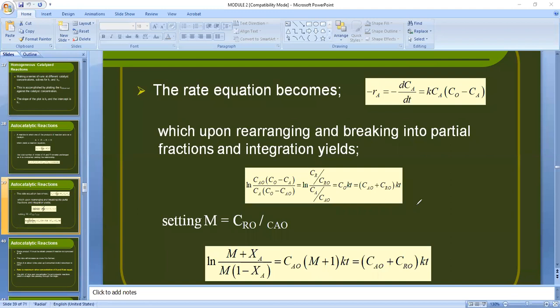The formula for this autocatalytic reaction would be something like this. Where your M, if you set M equal to the ratio of the initial concentration of your product R and your C sub A O, then this particular equation becomes this one. Okay? For an autocatalytic reaction.